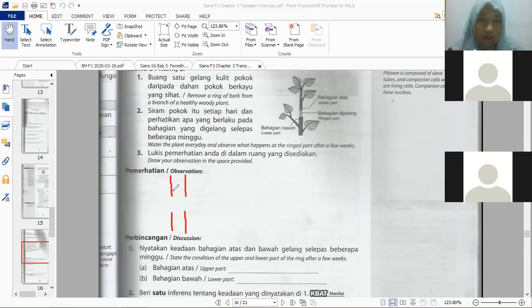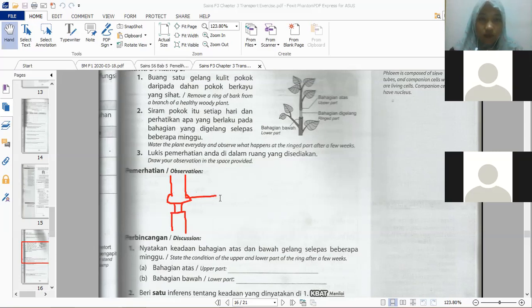Is it the upper part or the down part? Which one will be swollen? Do you know why it is swollen? Do you remember when the teacher taught you? The upper part. Why do you say the upper part? The upper part must be swollen. Why the upper part? Because it contains the what? Sorry, my drawing is really bad because it's hard. So this one is swollen, correct?